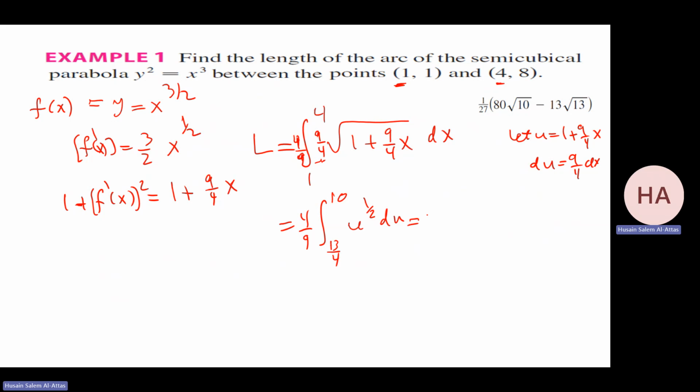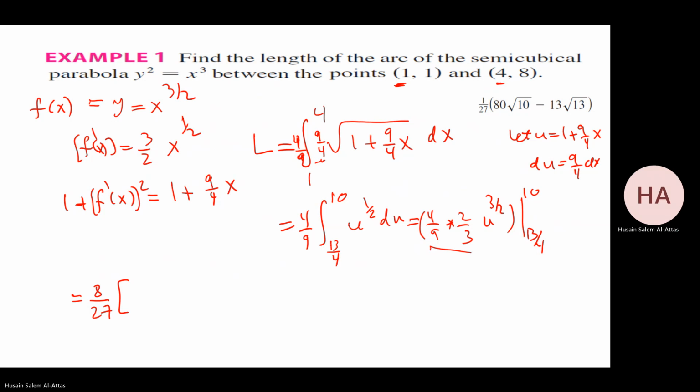So that will give me 4 over 9 times 2 over 3, u to the power 3 over 2, from 13 over 4 to 10. So this would be 8 over 27 times the following: 10 to the power 3 over 2 minus 13 over 4 to the power 3 over 2.